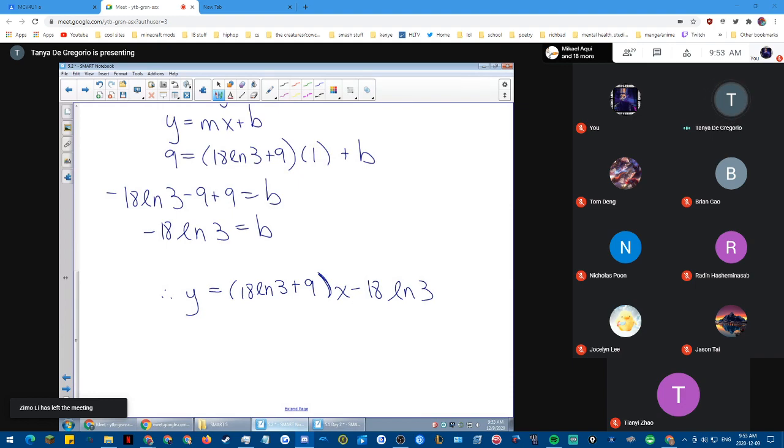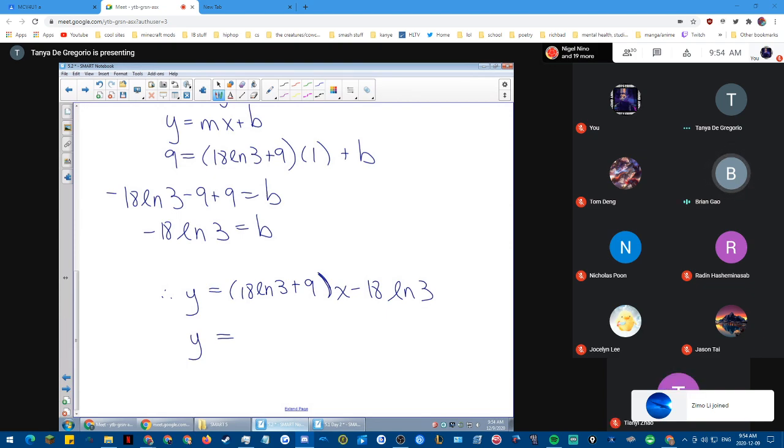So let's actually find out what the decimal is. What's 18 ln of 3 plus 9? Give it to me for 2 decimal places. What is it? 28.78.